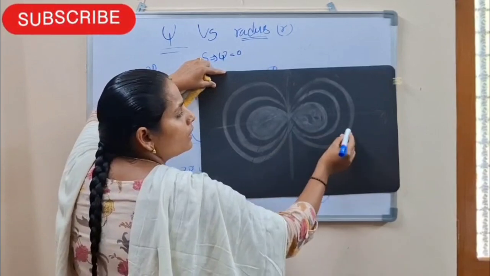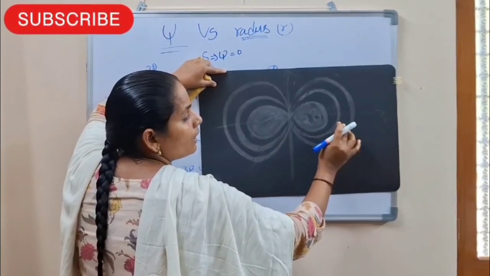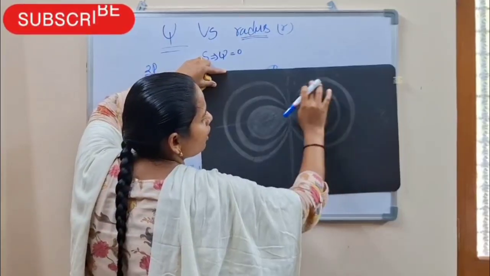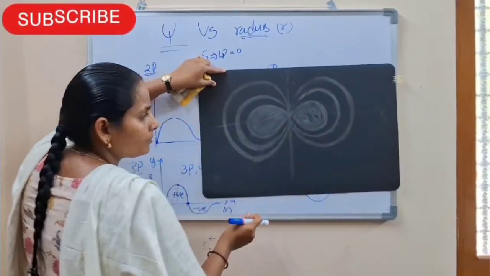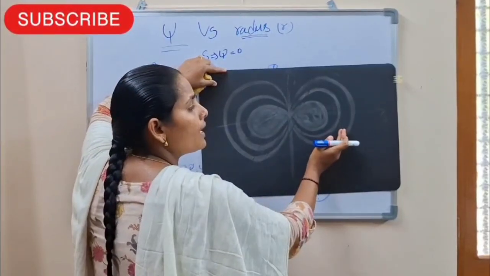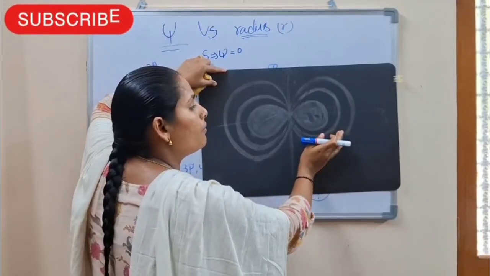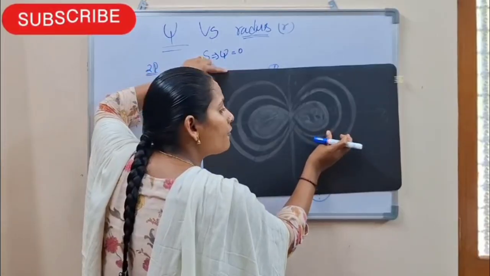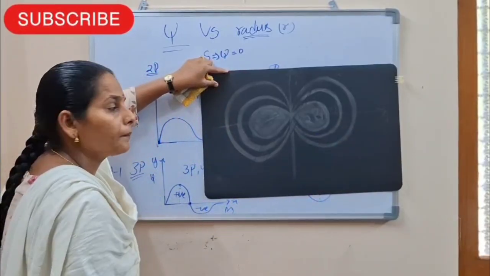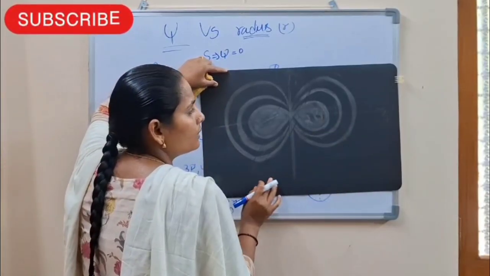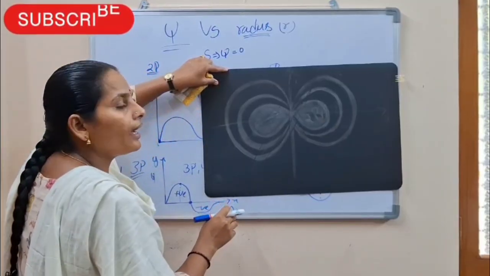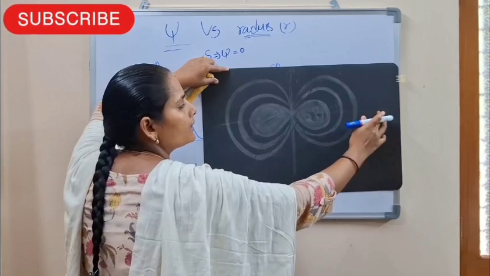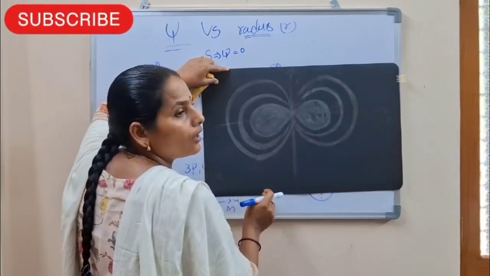Coming to 4p, there are two nodes: one between 2p and 3p, and one between 3p and 4p. Coming to the angular nodes, if the orbital is on the x-axis, the remaining zx is the nodal plane.